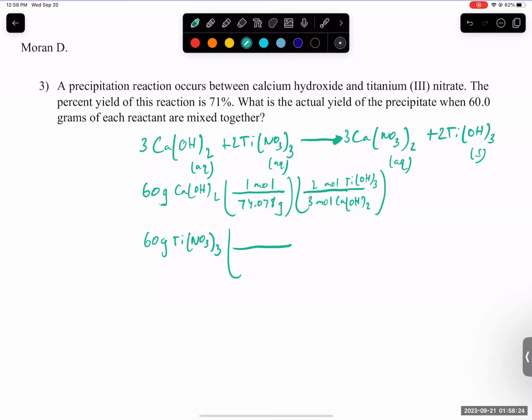What's the molar mass for titanium nitrate? 200 seems a bit too much. Oh wait, no, it doesn't.